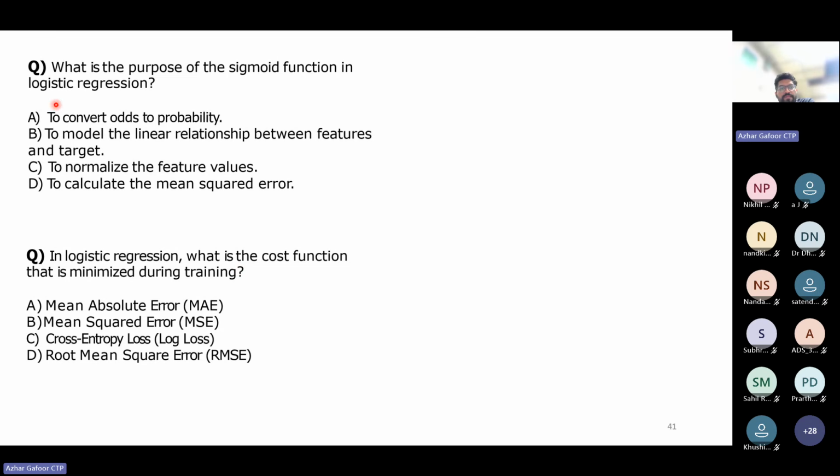Now, what is the purpose of the sigmoid function in logistic regression? The main purpose is to normalize our values between 0 and 1.